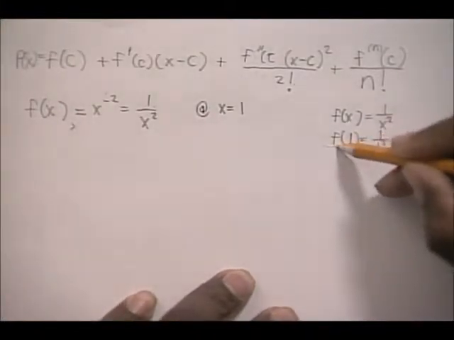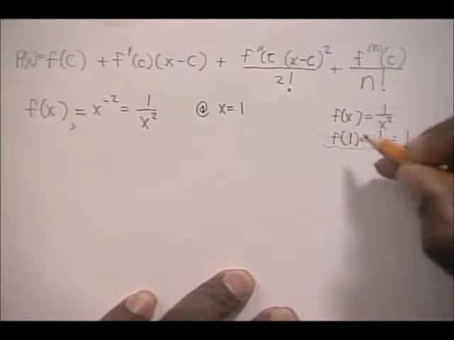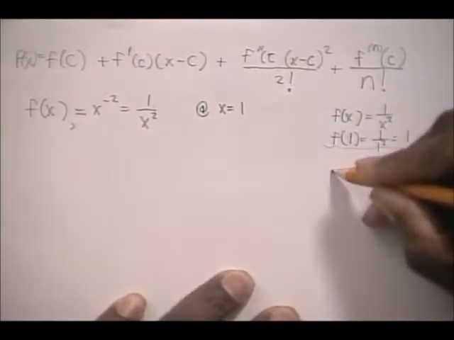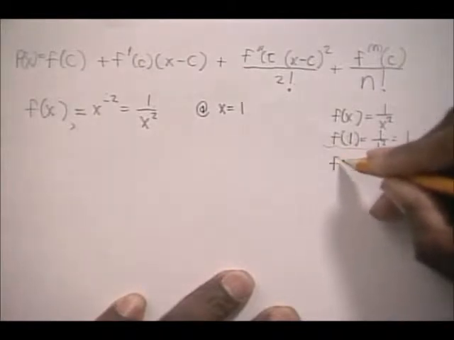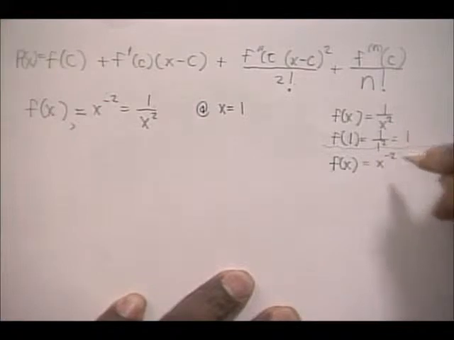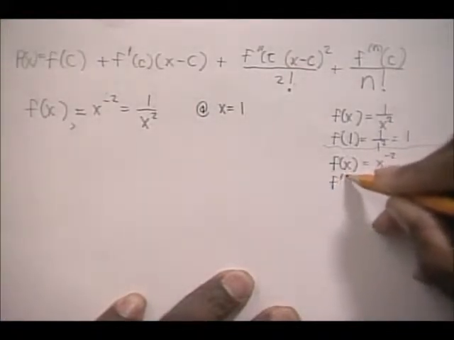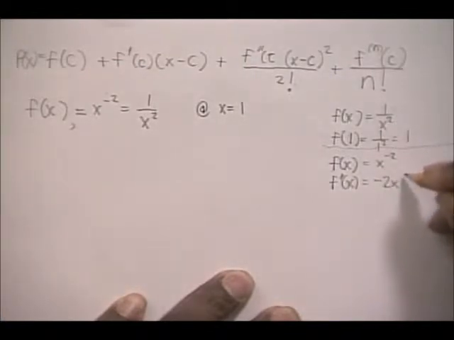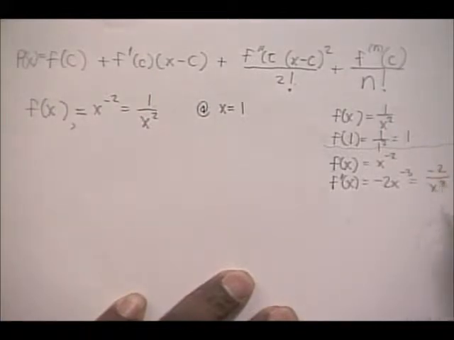All right, so you'll need to keep going. We'll also need f prime sub c. Well, f sub x was x to the negative 2 power, so f prime sub x would be negative 2x to the negative 3 power. That simplifies to negative 2 over x to the third.